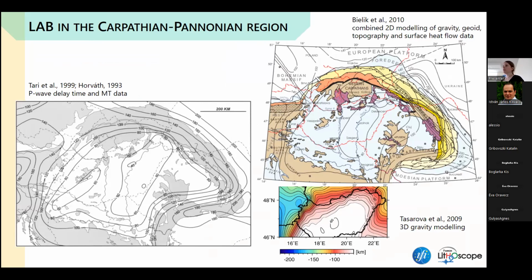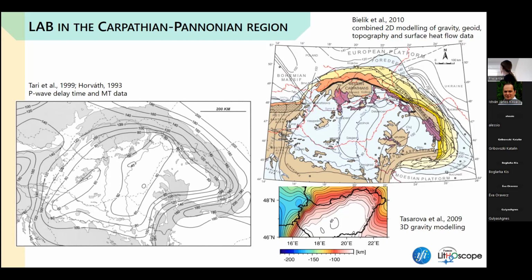Again, depending on what method we use and what parameters we are looking at, we can have very different results. For example, there are the maps based on calibration sections, which show a very sharp increase of the LAB depth towards the borders of the basin.